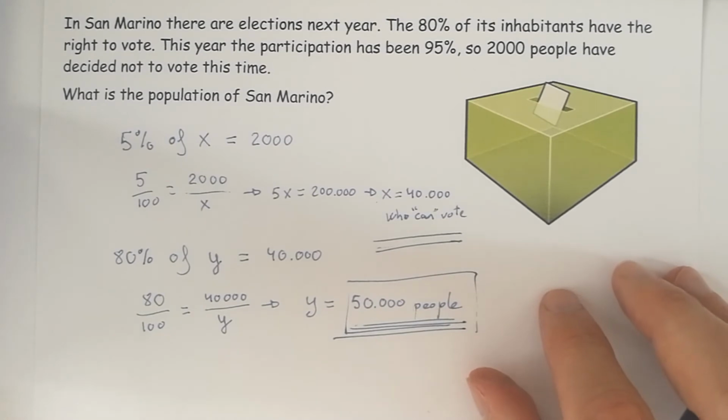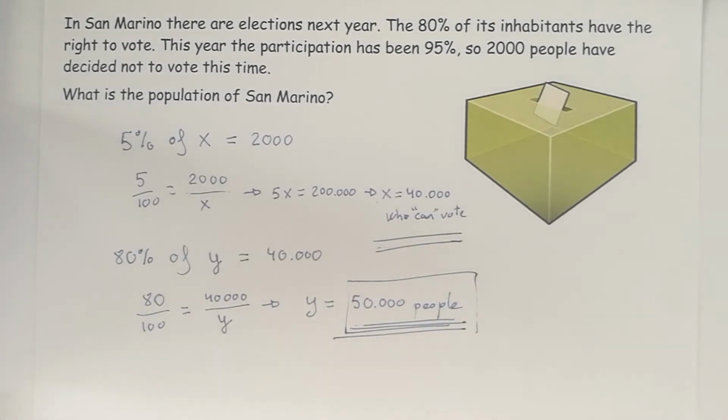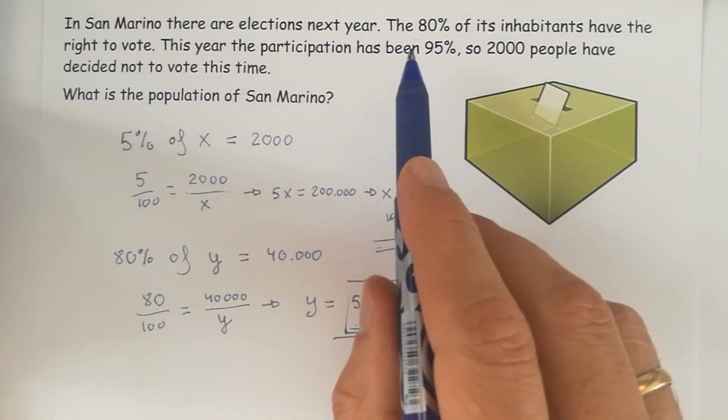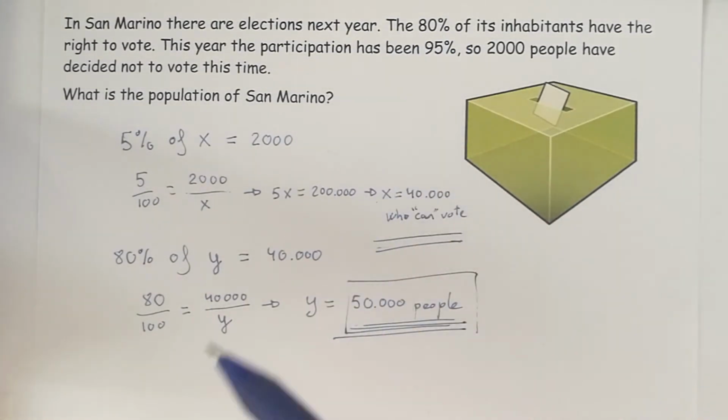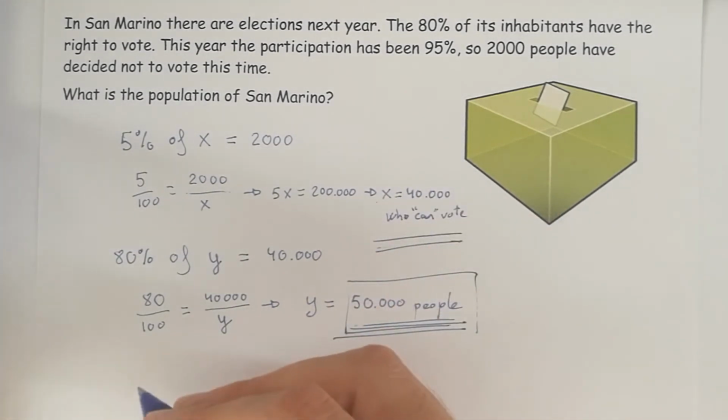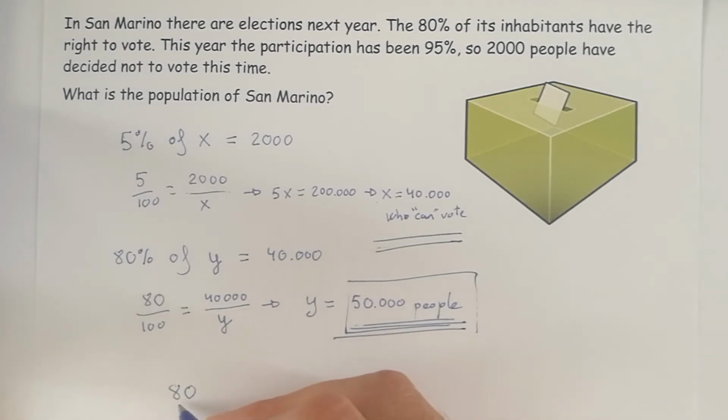Now, if we have other skills and know how to use these percentages one after the other, we might say that the 80% of our population can vote, so this is 80 over 100.